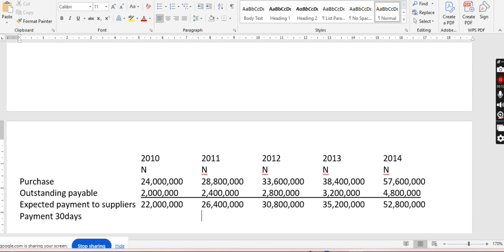This will be paid here, 2 million. This will be paid 2.4 million. This will be 2,800,000. This will be 3.2 million. 4,800,000.